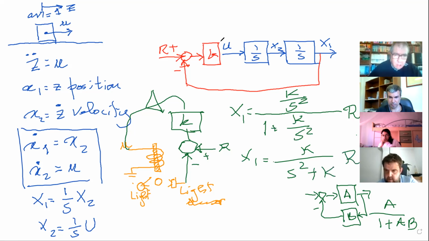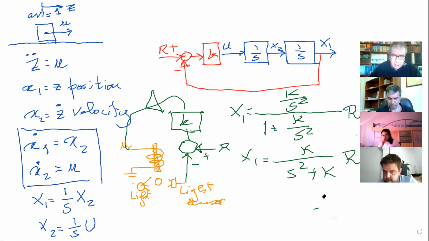So where do we have the closed loop poles? Which equation am I going to look at? s squared plus K equal to 0.